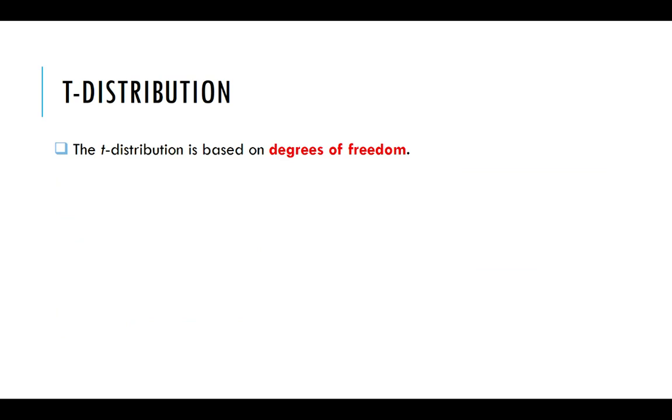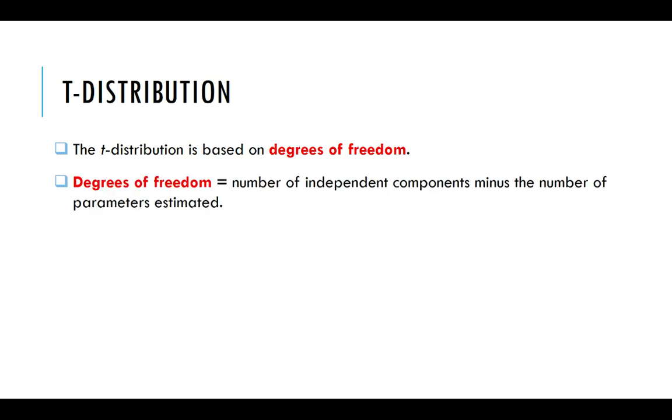The t-distribution that we're going to be working with for the rest of this class is based on degrees of freedom. Degrees of freedom can be defined yet another way: it's the number of independent components minus the number of parameters estimated.